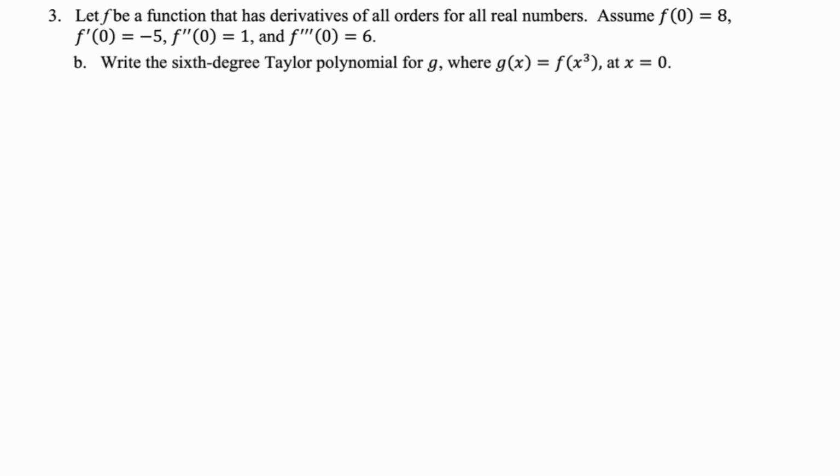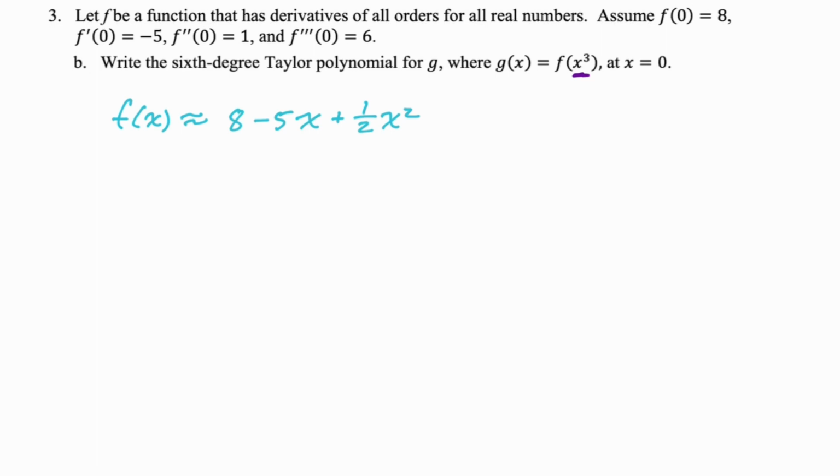We want to write the 6th degree Taylor polynomial for g, where g is f of x cubed centered at x equals 0. So I'm going to import what I wrote for f of x. I only need it to the second degree, because I'm going to replace every x that I see with x cubed, and when I do x cubed squared, I get x to the 6, which is the degree that I'm looking for.